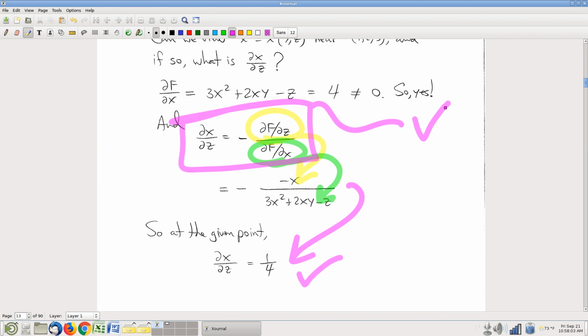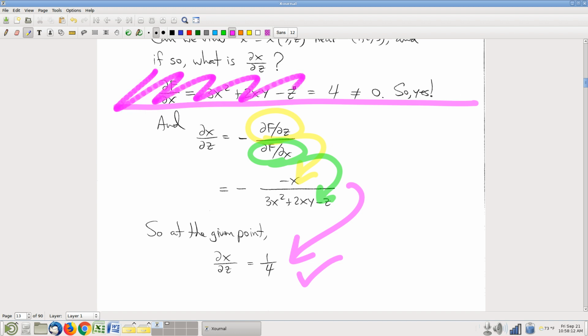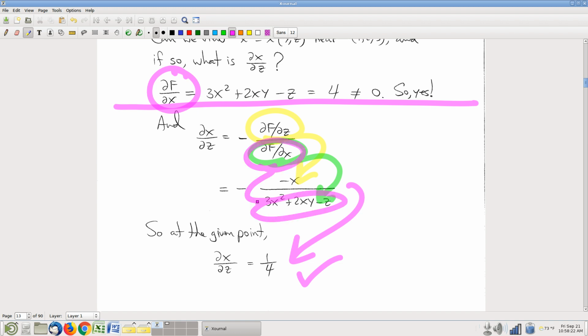Now, students that skip this part of the problem, students that have not done this, will very often complain and say, well, I did compute the partial with respect to x. See, here it is. It's there, right? Here's the problem.